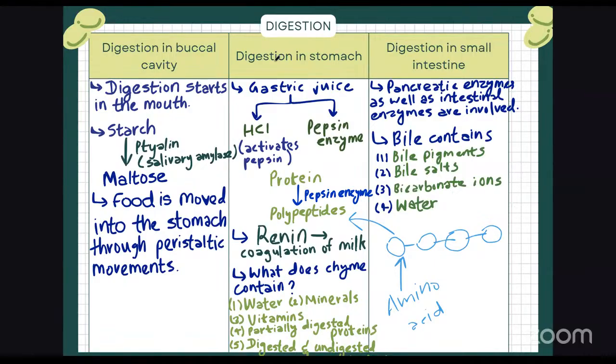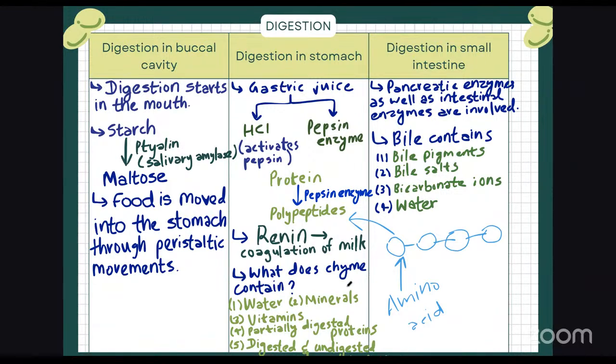Yes, during infancy, very good. So, when we are babies, we are going to be having renin enzyme that's going to be helping us to coagulate milk because that's the only food. We're only going to be consuming milk when we are kids, right?